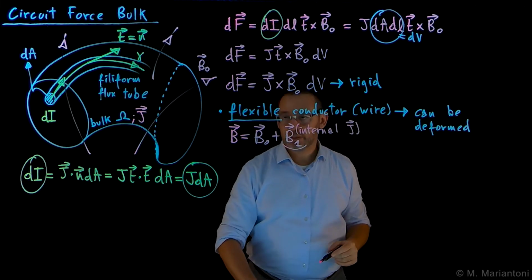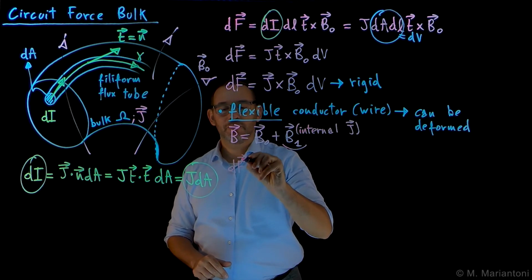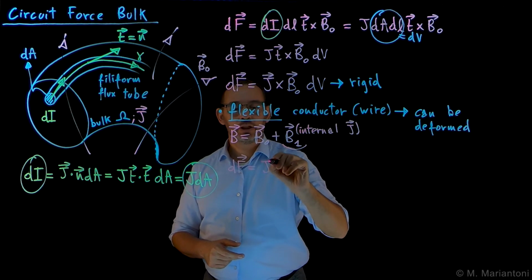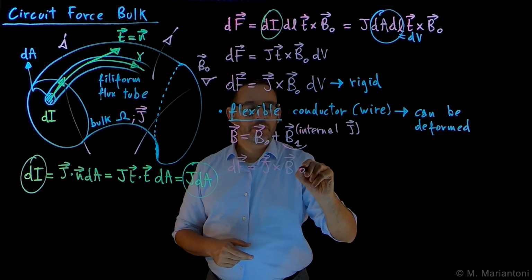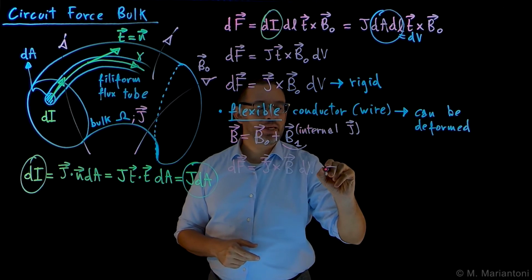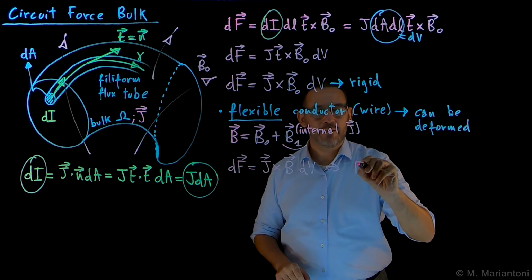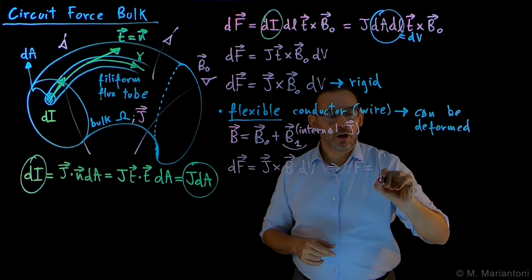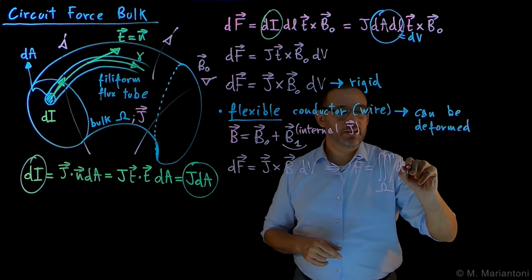So under these conditions, the force dF in presence of flexible conductors or wires, which is a subcase of that, is going to be the J vector cross the total B field, dV. So this is the local form. If we integrate it, we find that F, the total force on the entire bulk conductor, is the volume integral over the entire region, capital omega, of J vector cross B dV.